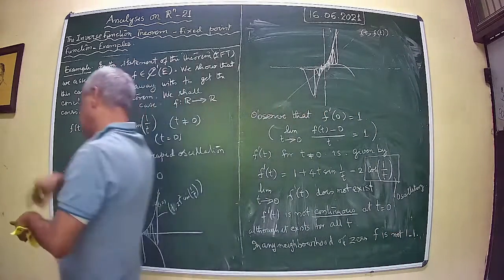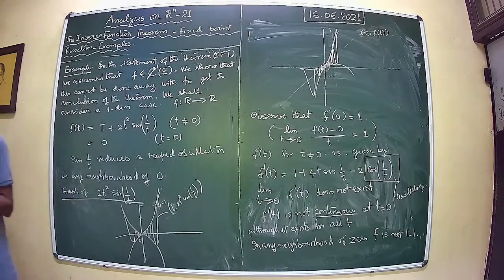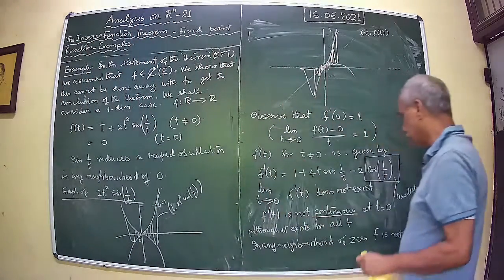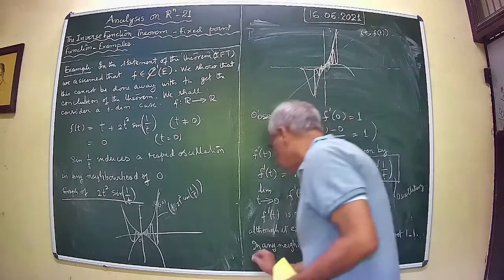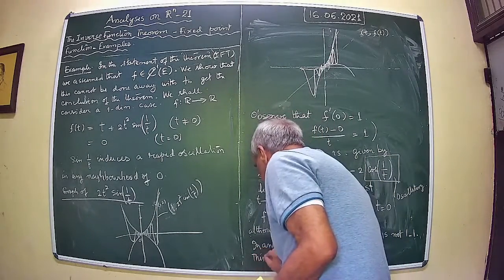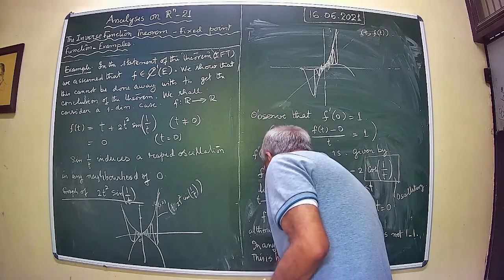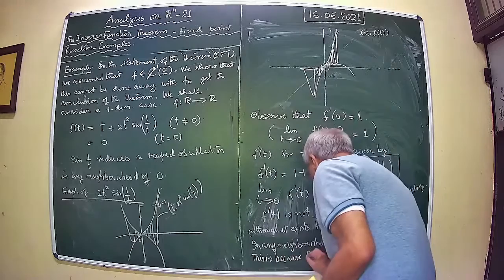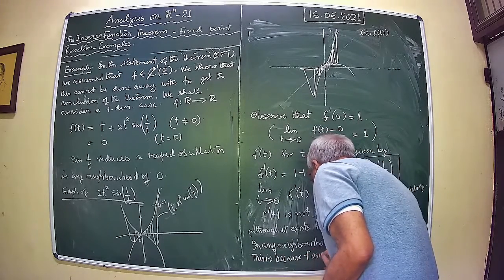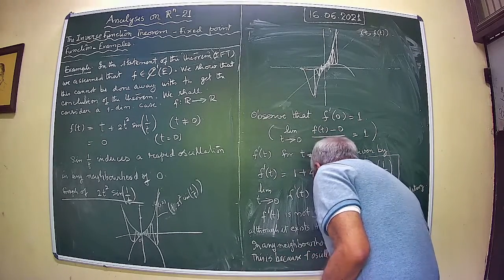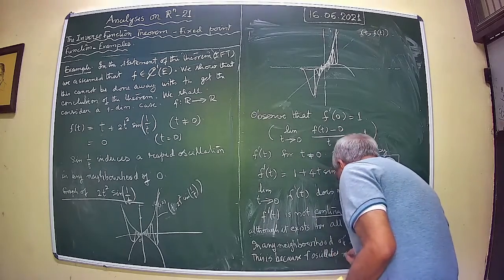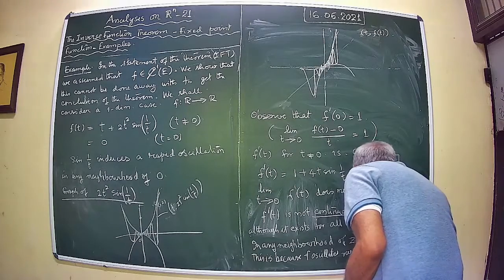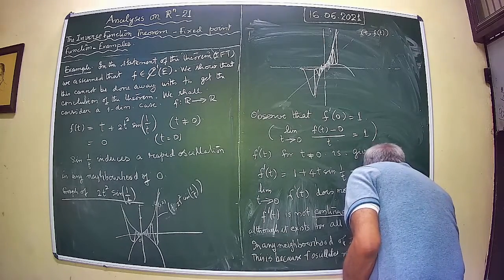It oscillates many times within a small delta neighborhood, and this is because f oscillates rapidly.